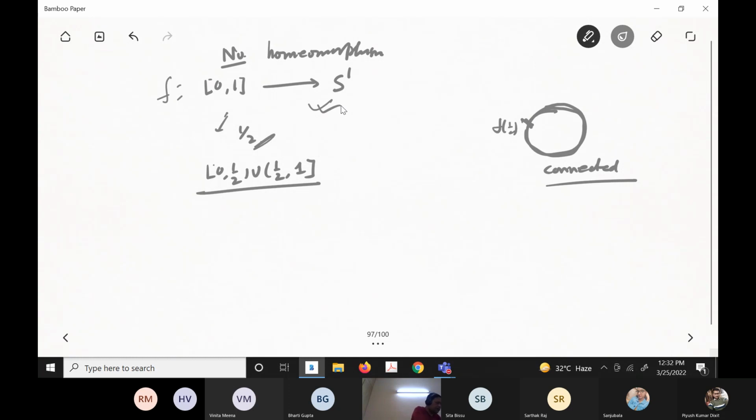Remember last semester I did this thing. I gave a straight line first, x plus y equal to 1. Then I gave the circle.